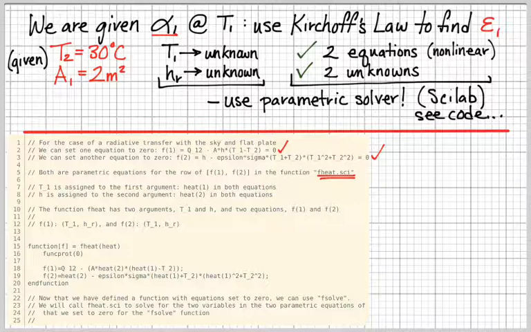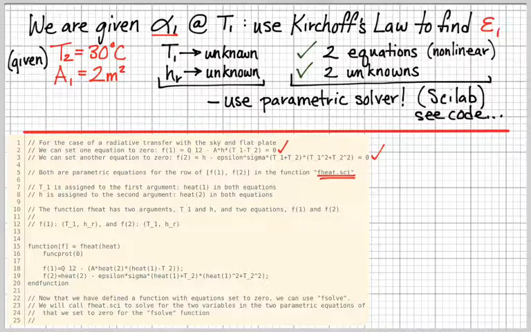Temperature 1 is assigned to the first argument, the variable heat 1, and the radiative heat transfer is assigned to the second argument, heat 2, in both equations. Now, the reason why I have F1 and F2 as functions is that we are ultimately going to set the left side of the equation to 0, which you're seeing in line 2 and 3, and we're going to solve for where they intersect each other.